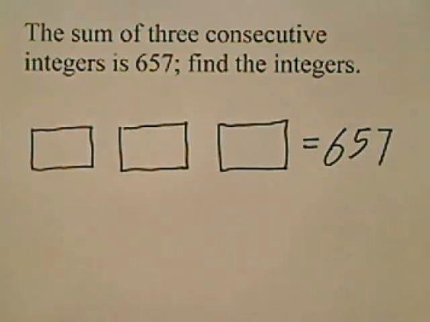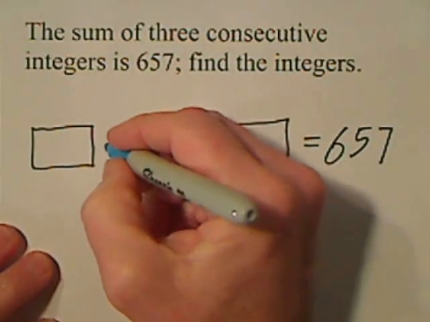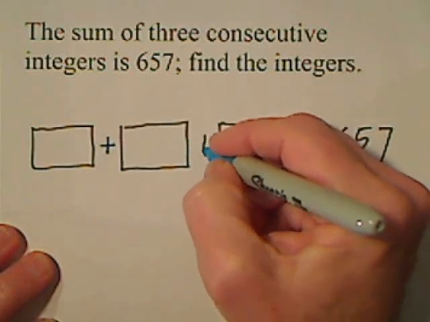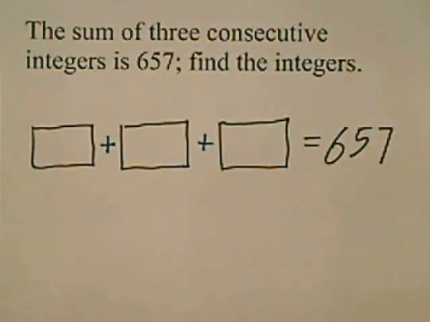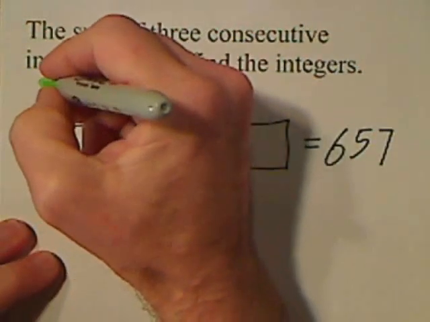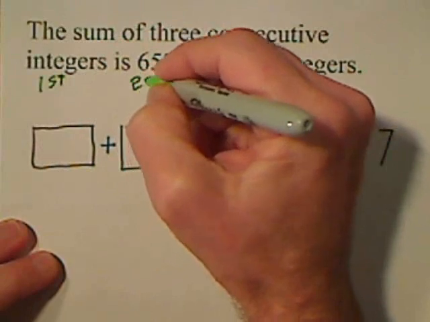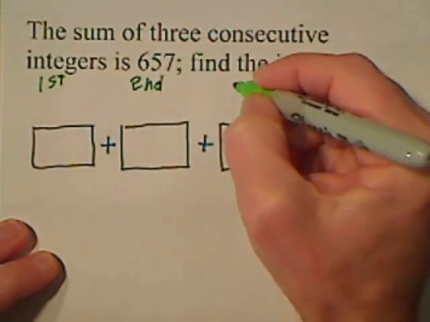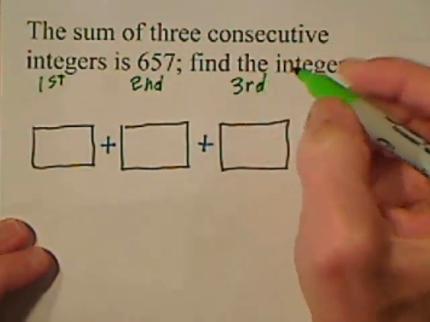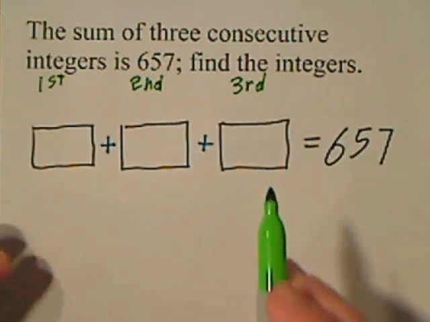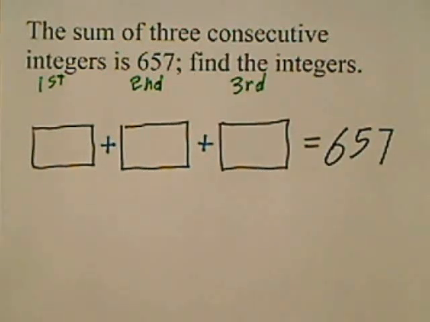So for the addition, I'll indicate that with something that's quite familiar. And keep in mind, this box here is my first, my second, and my third. I just like to use a box to represent each integer since I don't really know what else to do with it presently.